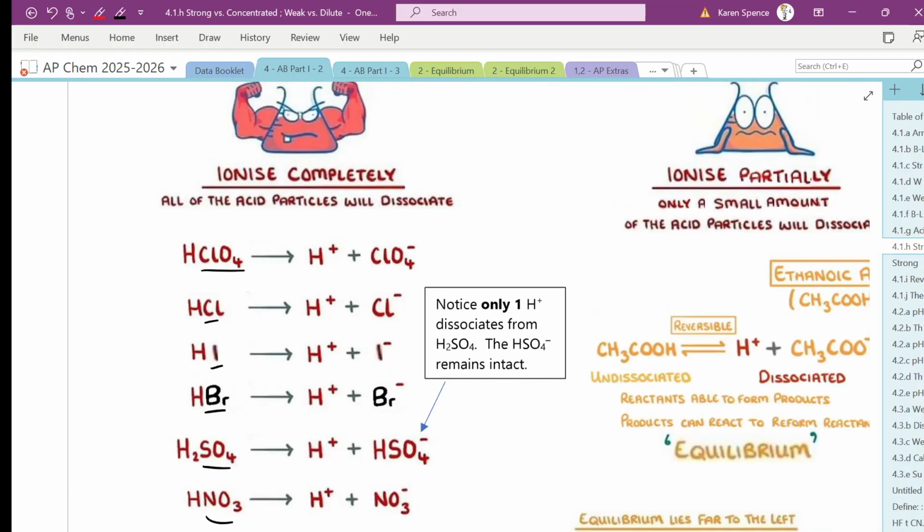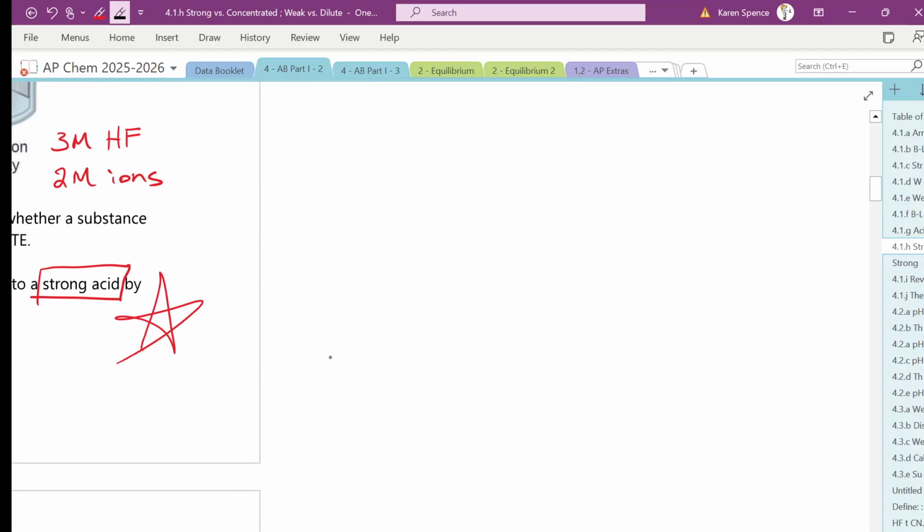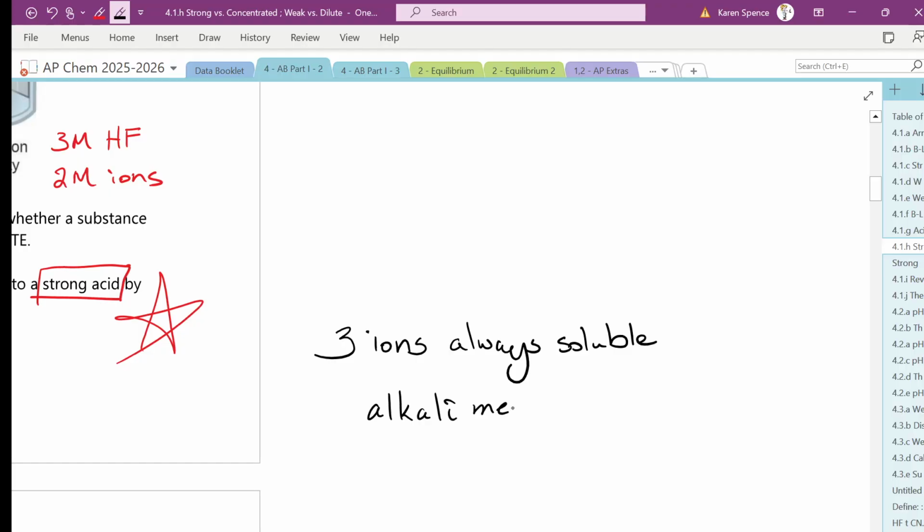Now, because we're memorizing things, can you remember the three categories of ions that are always soluble? Alkali metals, alkaline earth metal, nope. No. Nitrate. Oh, wasn't it except for like two of them?